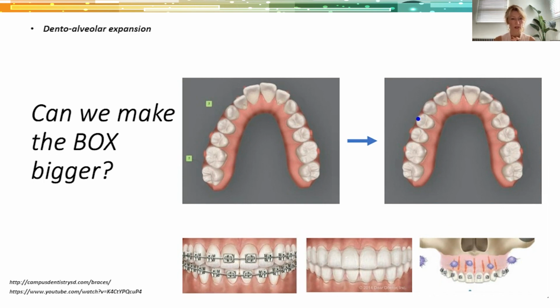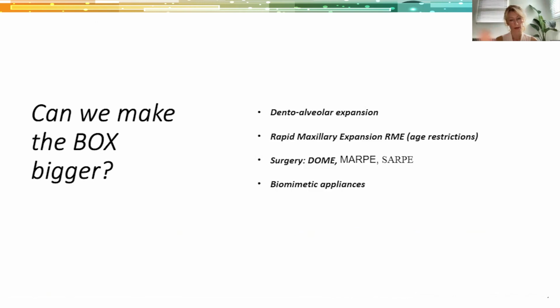So this is the goal of dentoalveolar expansion, to create more space for the structures. Now, it can be done with or without myofunctional therapy. Myofunctional therapy, as I said, focuses on the position of the tongue, training the muscles, so better muscle tone, potentially less collapse.